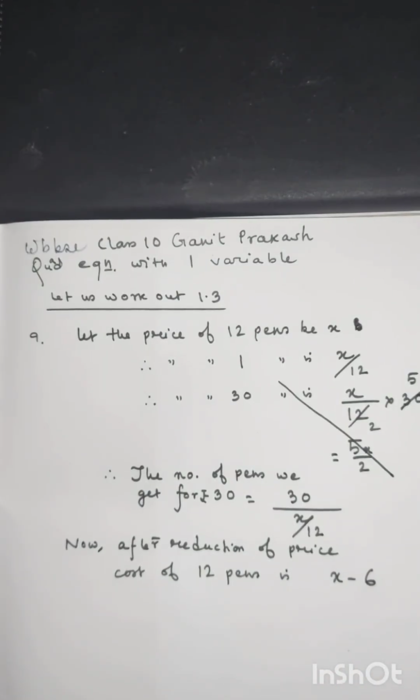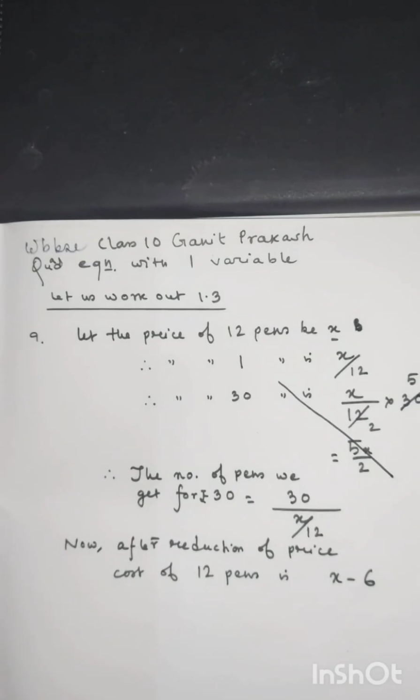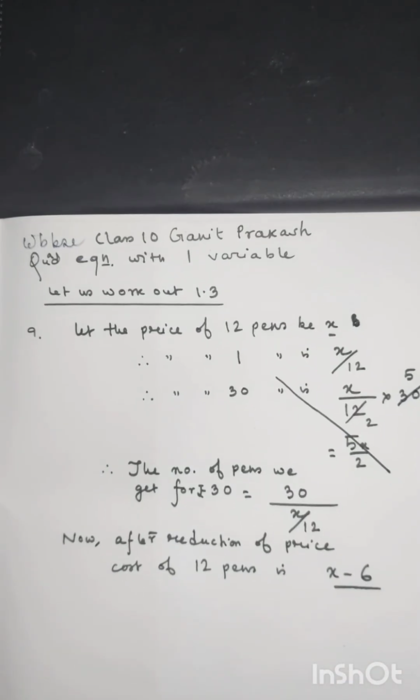Okay, because in the question it is given that the price of 1 dozen pens is reduced by rupees 6. So before reduction the price was x, and after reduction the price is x minus 6.